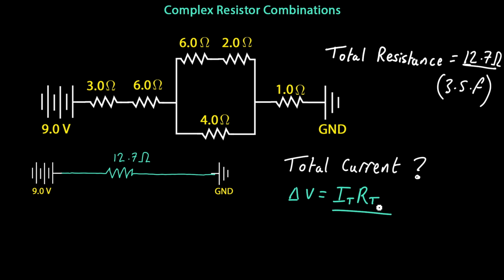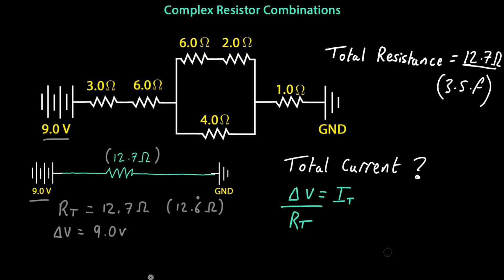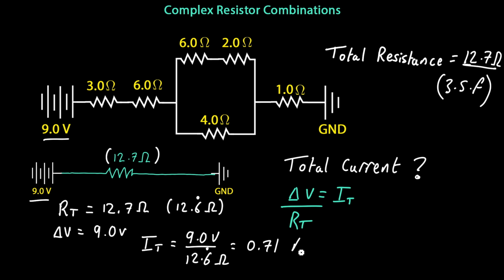So I've divided both sides of the equation by the resistance, which isolates the current. So 9.0 volts divided by 12.7 ohms is equal to 0.71 amps to 2 significant figures.